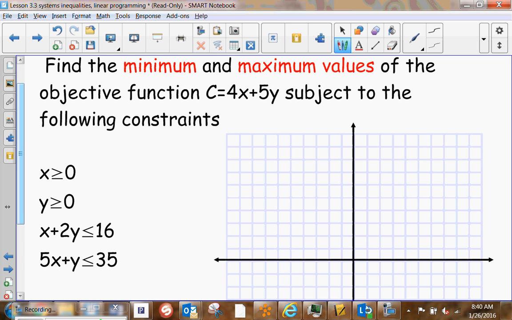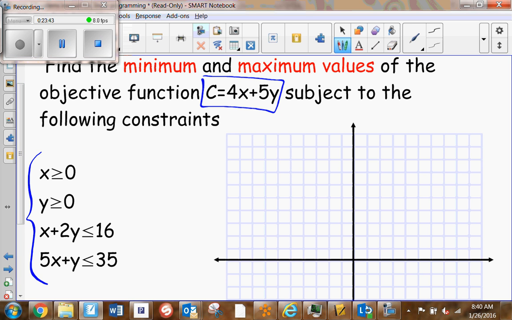So here is your profit function statement that you're shooting for. Here are your objective, or your constraints, excuse me. So let's graph it and see what we come up with. And I'll walk around and look at it.